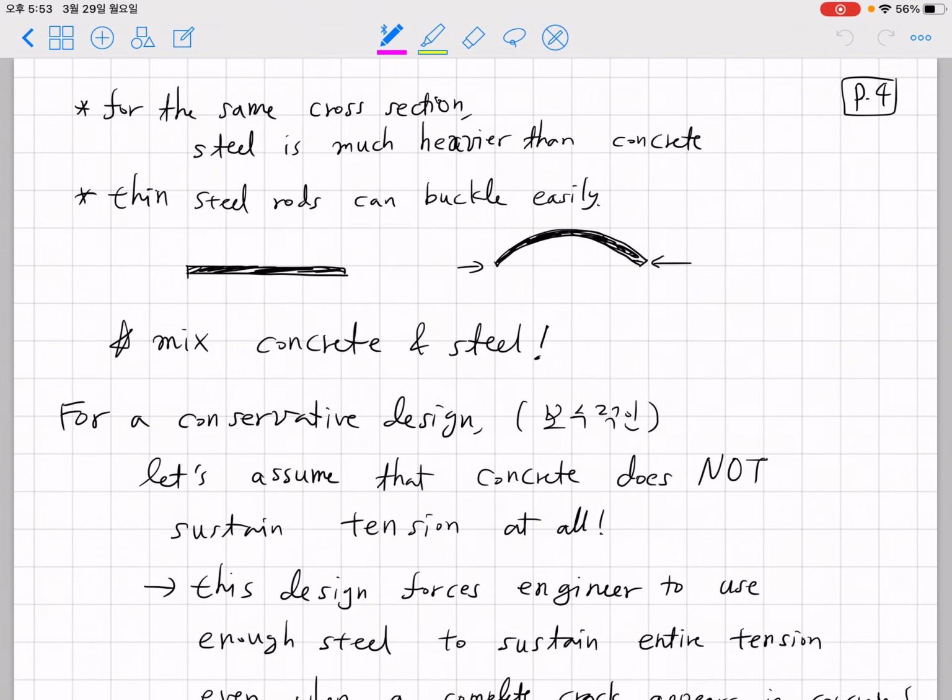But somebody may ask why we don't use 100% steel. Because for the same cross section, steel is much heavier than concrete. Unless we're gonna build some glass house with really thin I-beam steel. If we just want a regular building with regular-sized windows and an okay level of thermal insulation, we need concrete, right?